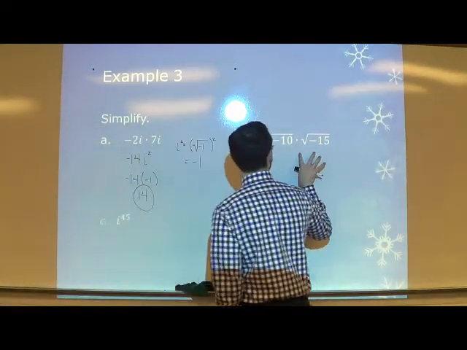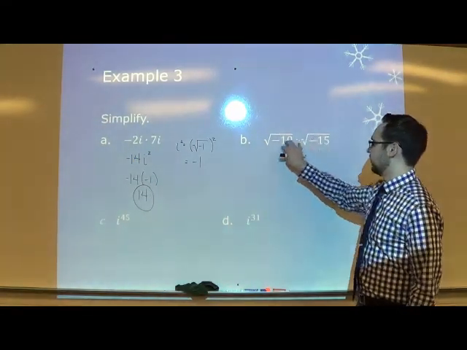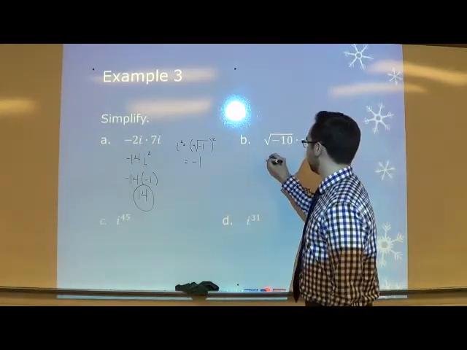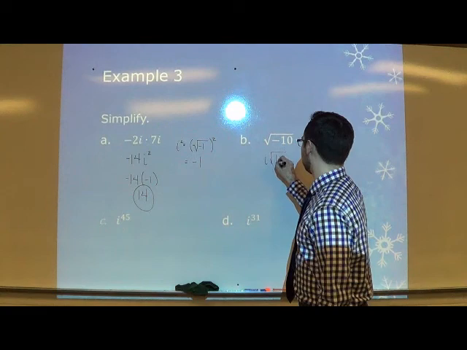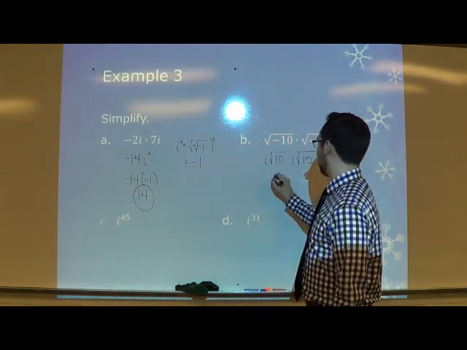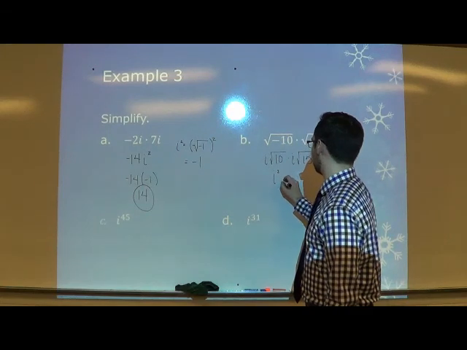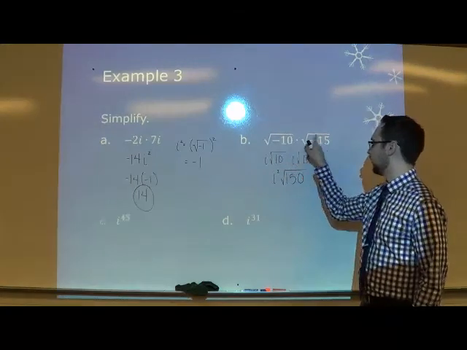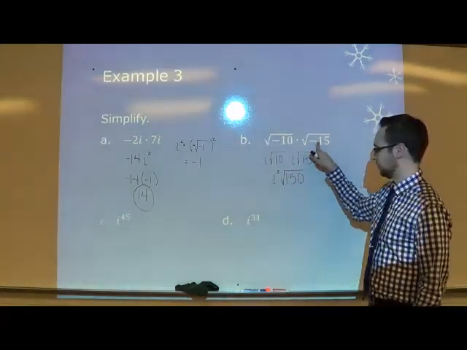Now with square roots, you don't want to multiply these and get rid of the negatives, so it's going to eliminate the i that really should have been there. So what we do is we say this is i square root of 10 times i square root of 15, and we get i squared square root of 150. Because separated, there are no factors here that are perfect squares.